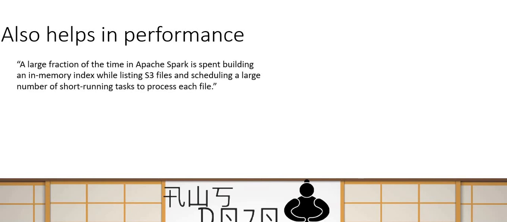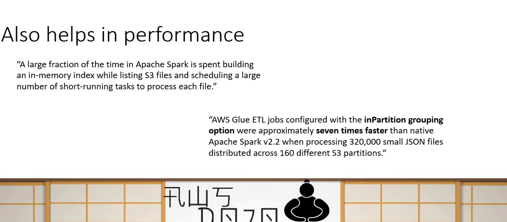And in fact, I'm going to share two quotes provided by AWS where it is claimed that it does improve the performance. So for instance, they took a scenario where they're trying to process some 320K small JSON files spread across 160 S3 partitions.